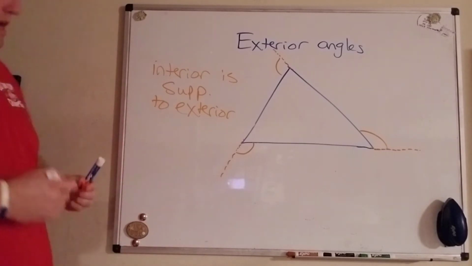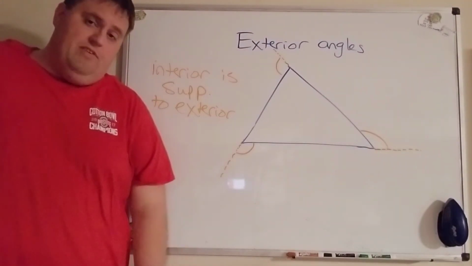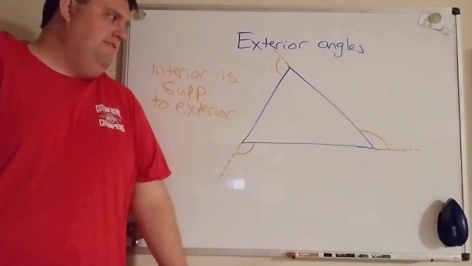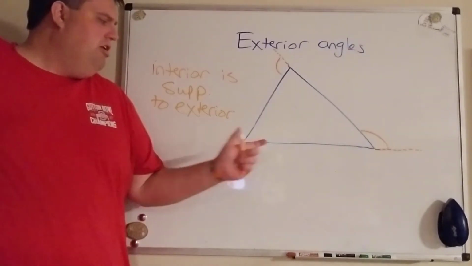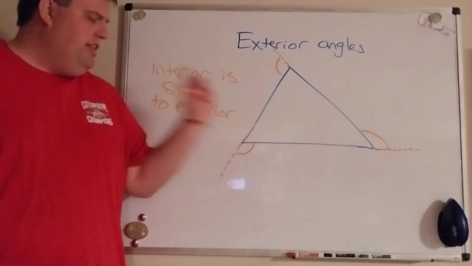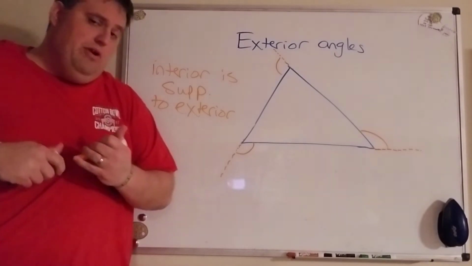And that's going to be true no matter what the shape is, right? If it's a parallelogram, if it's a pentagon, if it's a dodecagon, doesn't matter. The interior and the exterior are always going to come together to make this 180 straight line. So that is a kind of a cool, interesting thing that's going on.